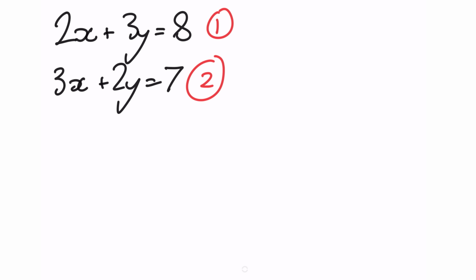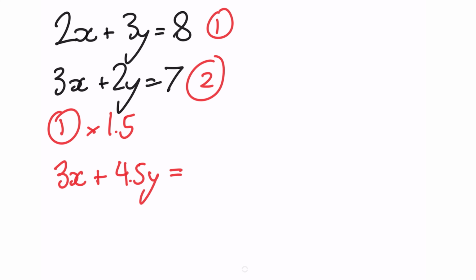So in this case, if I multiply the first equation by 1.5, our new equation will be 3x plus 4.5y equals 12. And we'll call that equation 3.